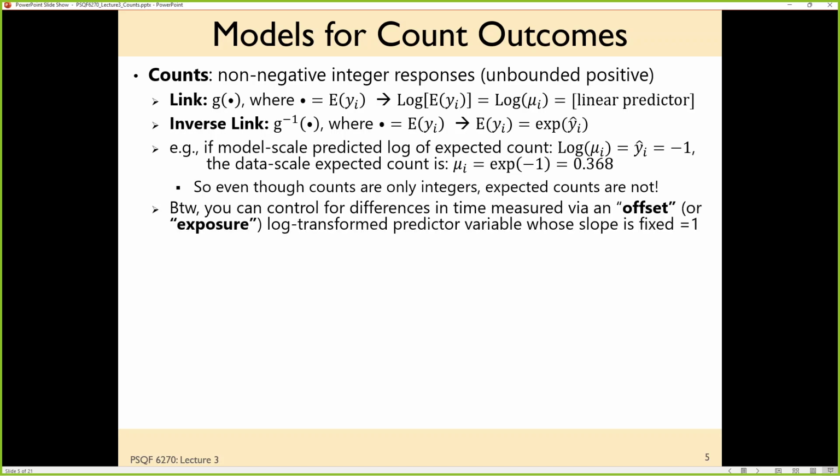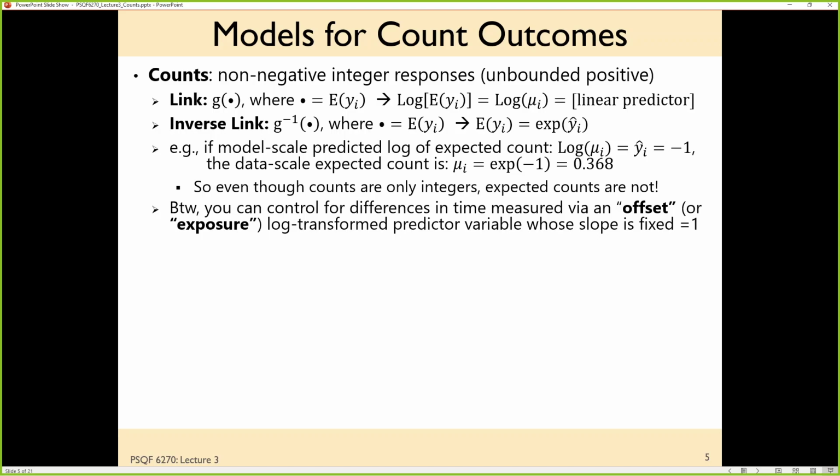You can control for differences in the amount of time measured with something called an offset or an exposure. I don't have that built into my example, but that would be useful anytime you have differences in expected counts. As an example, let's go with crime rate, or the number of murders committed in a given county. Do you know where there's going to be more murders? Places where more people live.